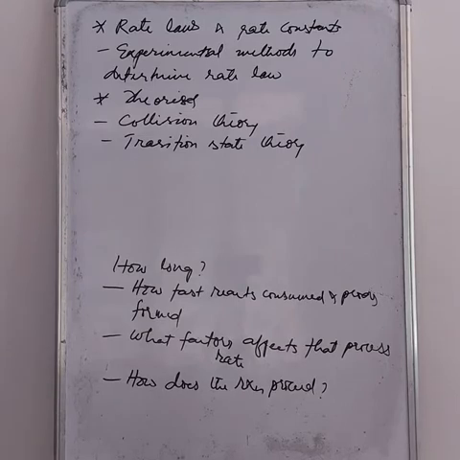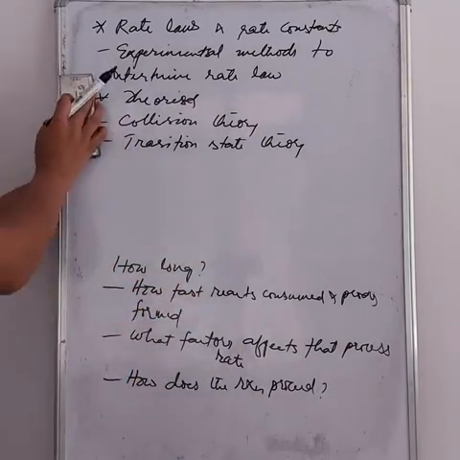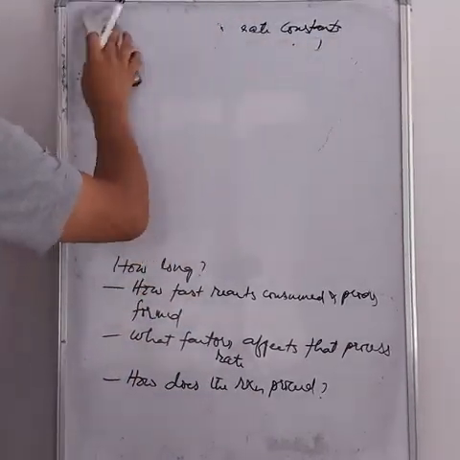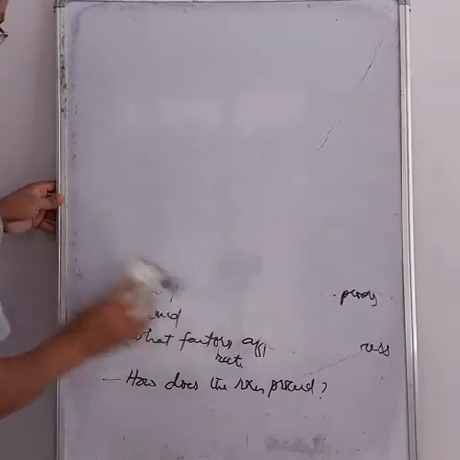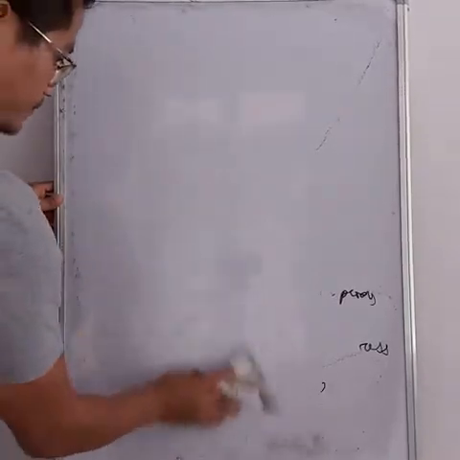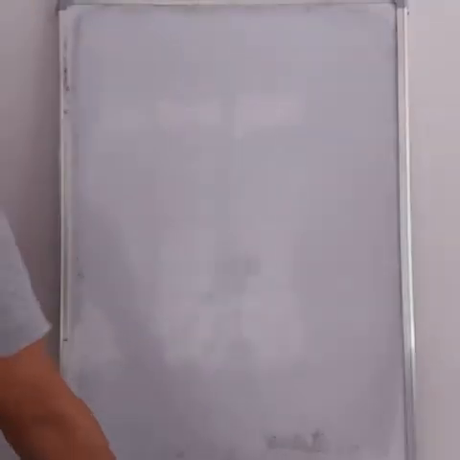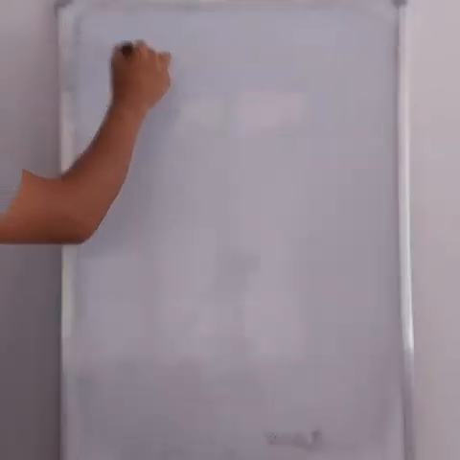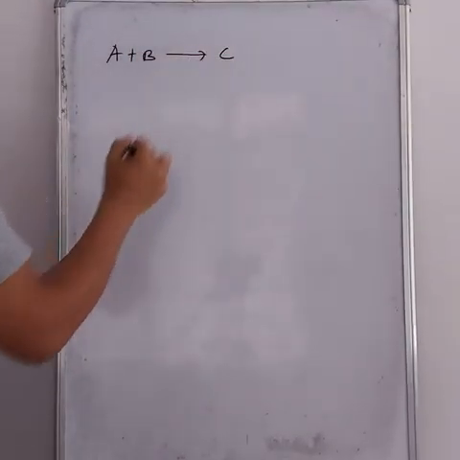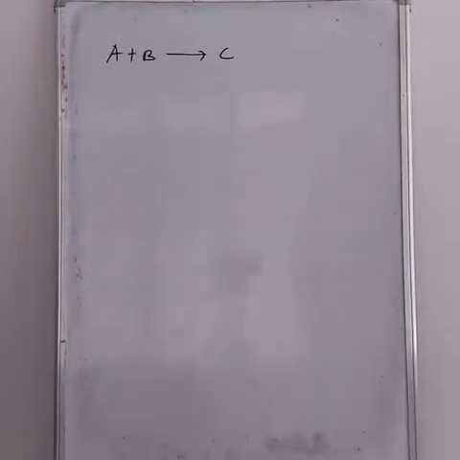Now, to start with, suppose there are two reactants giving us a product. Suppose A reacts with B, giving us C. How do we determine its rate?